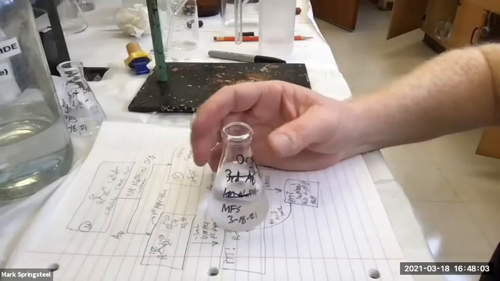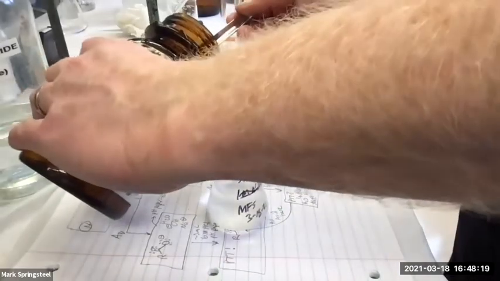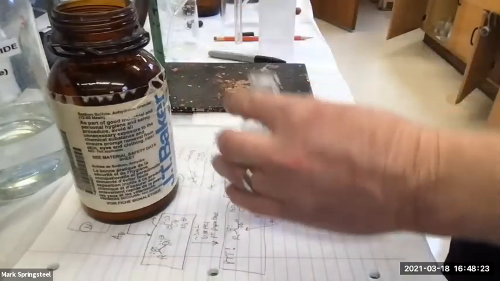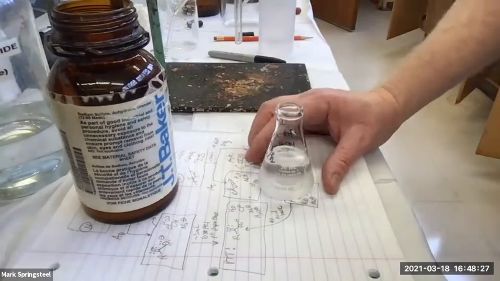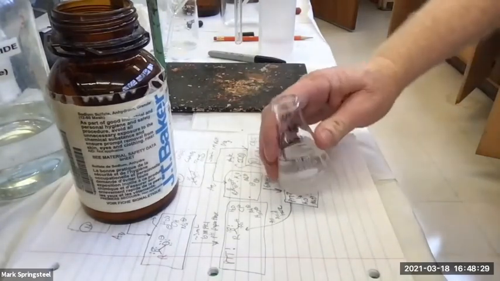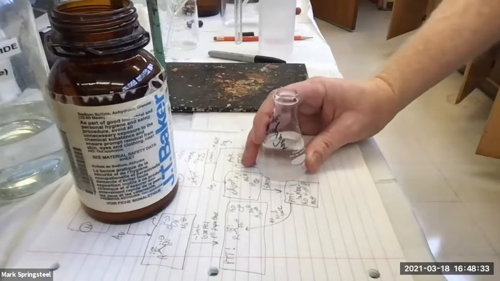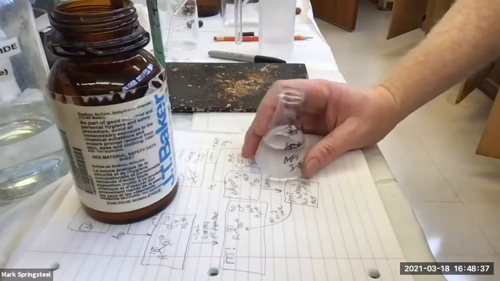I wonder. You know what? I'm adding more. I think more. Yeah, I still see a little bit of water sticking on the inside. Try to get one more scoop.